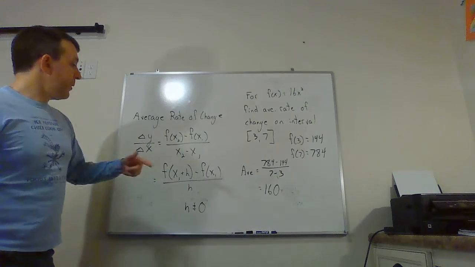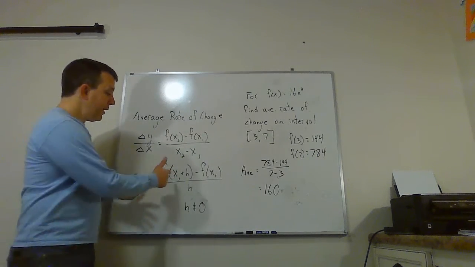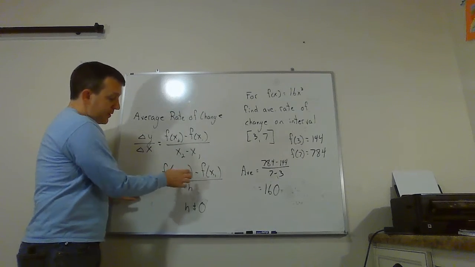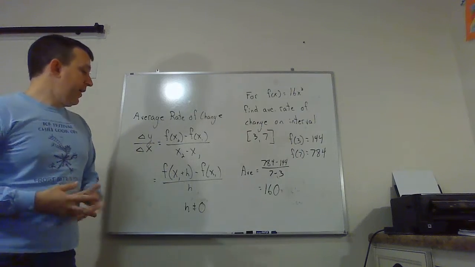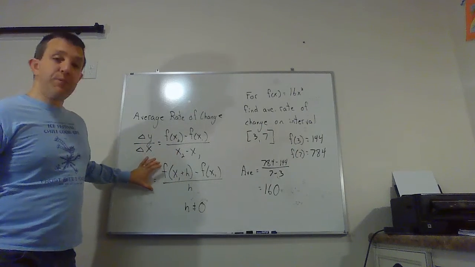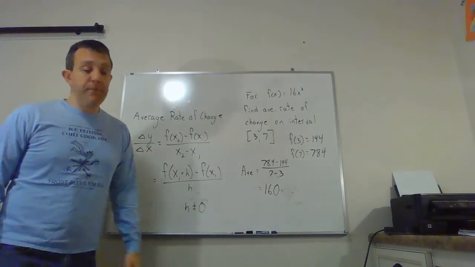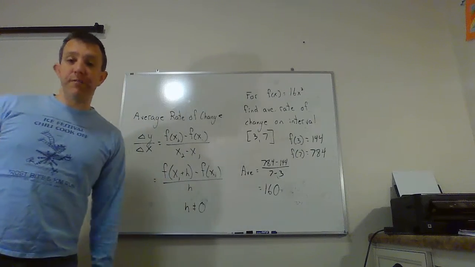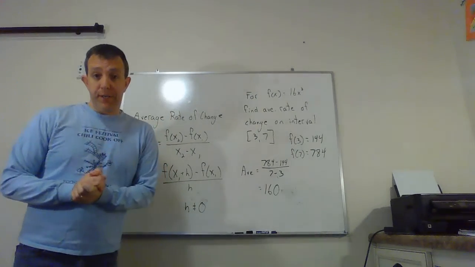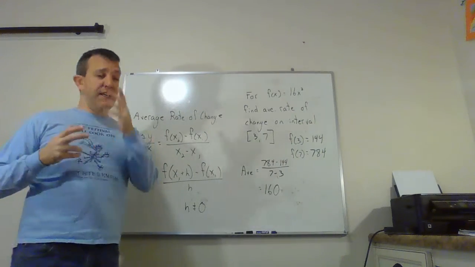And then on the top, if you think of x1 as still being 3, that initial point, 3 plus 4 would be 7, so this is still f of 7 minus f of 3. It's really the same format. There's going to be a very good reason why we use this one, and we'll see that probably in just a couple minutes. All right, so we have our average rate of change, it's 160. Super important here, if we had any units, okay, I didn't give us units on this one.